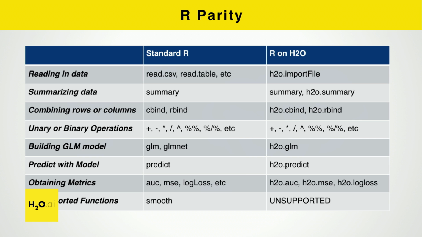So for all of H2O's algorithms, here I have a straightforward example, GLM. We've implemented it very similarly, with all the parameters that you would normally get in something like glmnet. It standardizes the data if you want it to. It has the ability to run with regularization. You can specify the regularization strengths.